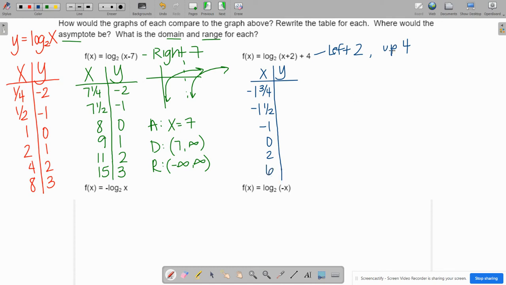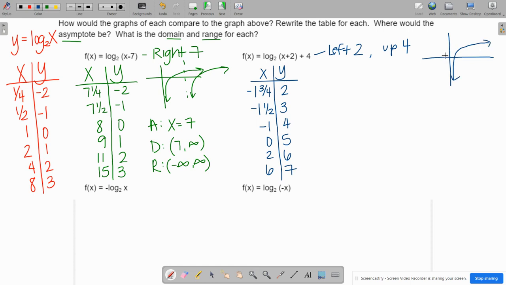And then for our y's, we want to move it up 4, so that means adding 4. So -2 plus 4 is 2, and we're going to go down the line 2, 3, 4, 5, 6, and 7.